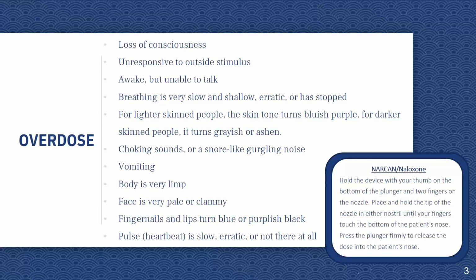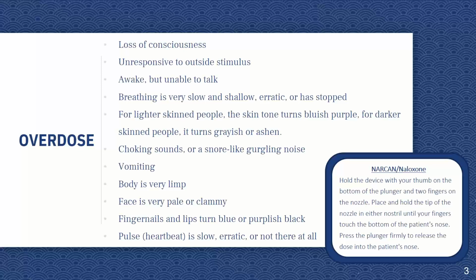And so opioids are a depressant, and so they slow down the body's natural process of functioning, right? And as we can see these things, it is just the body slowing down. So loss of consciousness, unresponsive to outside stimulus, so you ask a question, unresponsive, or you touch them, maybe they respond, kind of that delayed response, awake but unable to talk.